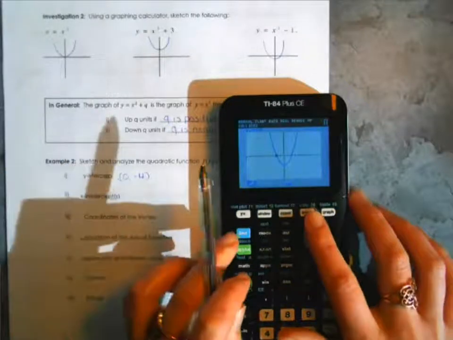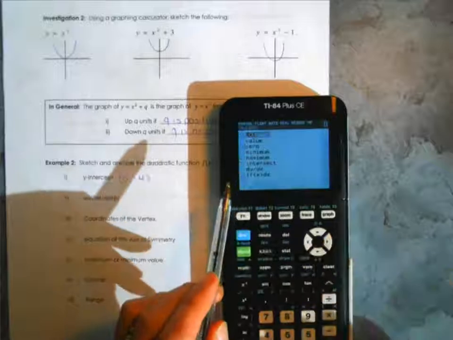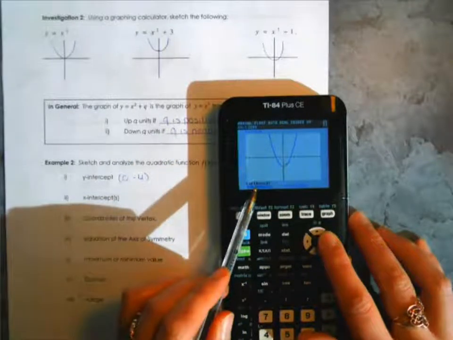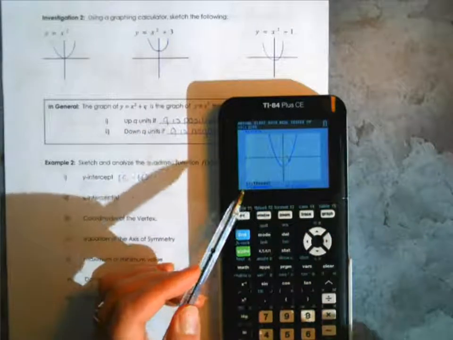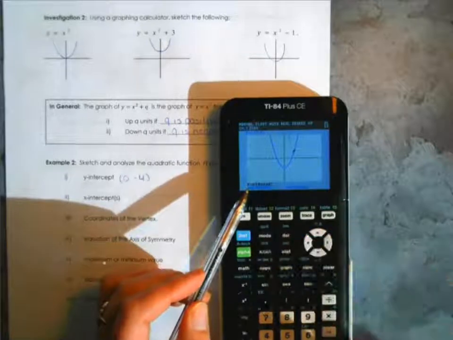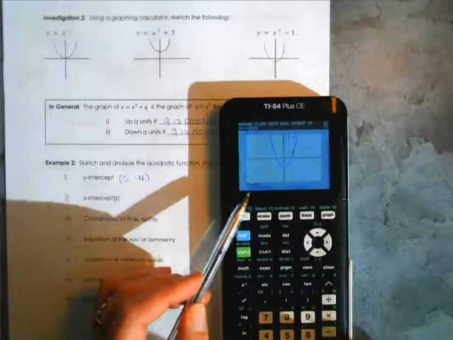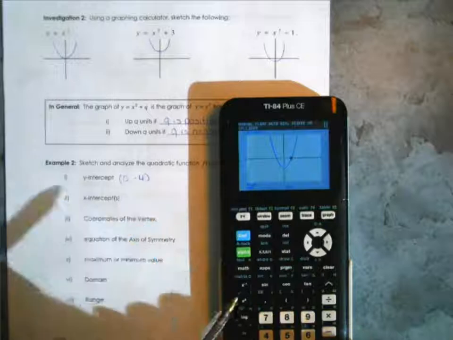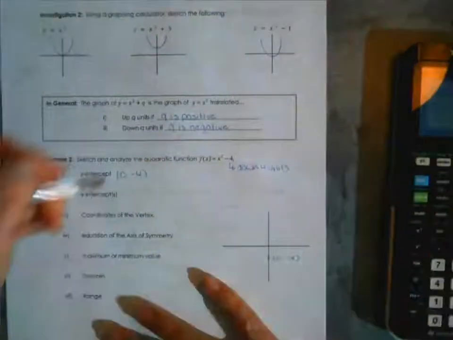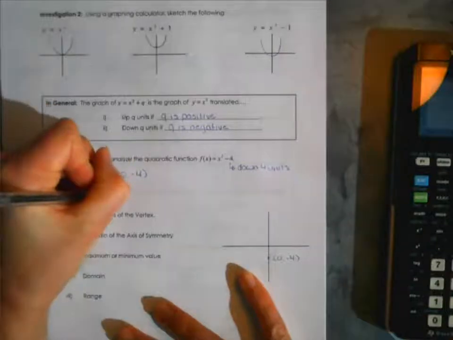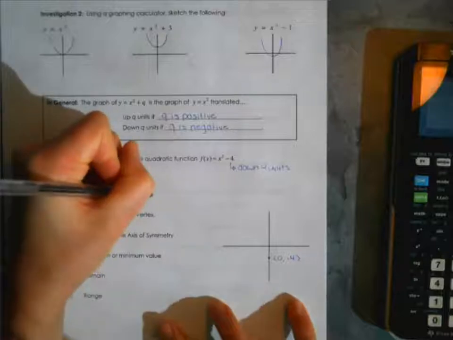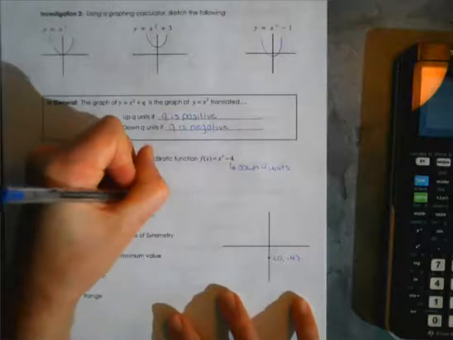Now if you wanted to, you could do it again for the second side. It's going to ask you left bound again, so you want to go close to the intercept, hit enter, right bound, go to the right side. Then it'll ask guess, and we can see that x equals 2 and y equals 0. So it's that mirror image that we expect to see. So we can say -2, 0 and 2, 0.